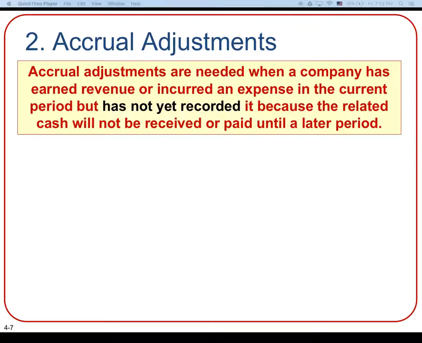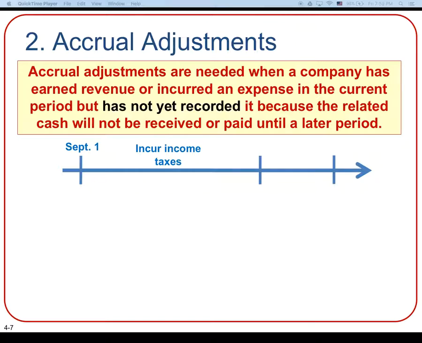There's another type of adjustment we call accrual adjustment. Accrual adjustment means that the company has earned revenue or incurred expense in the current period, but has not yet recorded it because we haven't received the cash or we haven't paid until later. Okay, here's an example, right? In September, through September 30th, you incurred income tax.